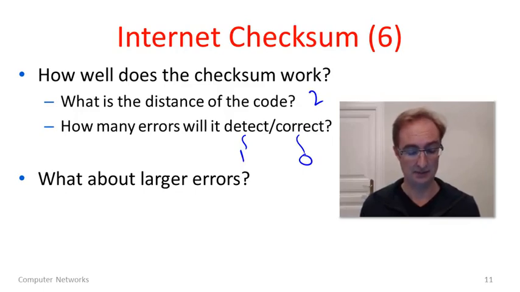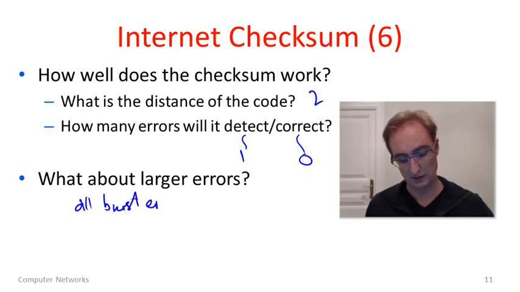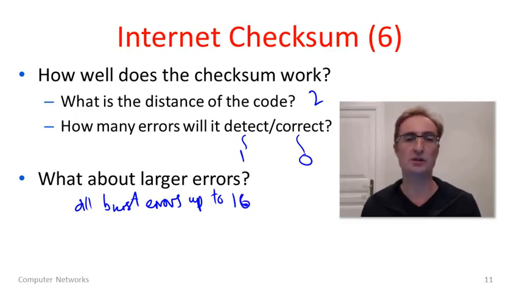It has gotten better. So if we think about larger errors, what's detected here is going to depend on the structure of the code. We will actually find all burst errors up to 16. So it's a 16-bit checksum. A burst error is just a sequence of errors in a row, or a window of errors where in that window errors occur.